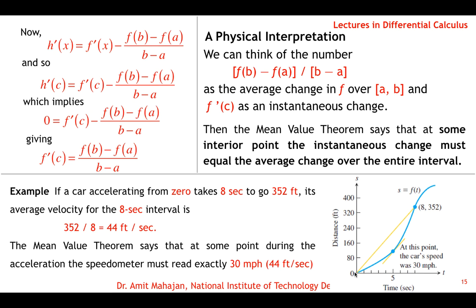Because at a, f(a) is 0 and a is 0, it is simply f(b) over b. So it is simply 352 divided by 8, which is 44 feet per second.